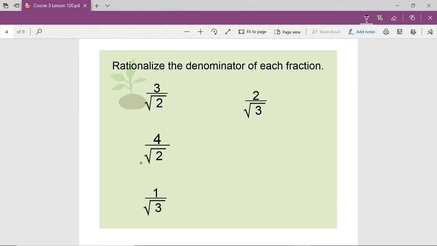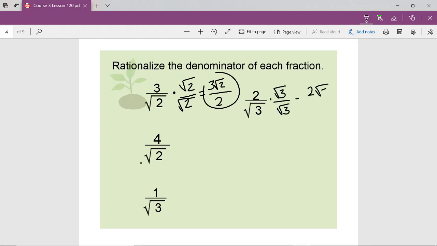All right, let's try these ones. I would encourage you to stop the video right now and try these out for yourself. I'm just going to quickly go through them because it's the same process as above. Root 2 over root 2, I get 3 root 2 over 2, and I leave it just like that. 2 root 3 over root 3, I multiply by root 3 over root 3 equals 2 root 3 over 3.